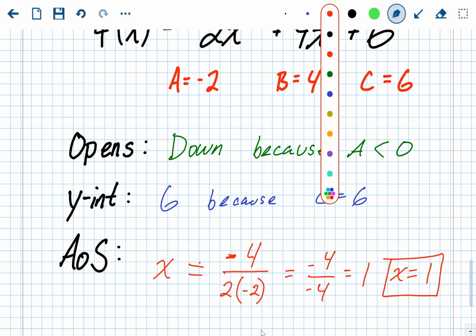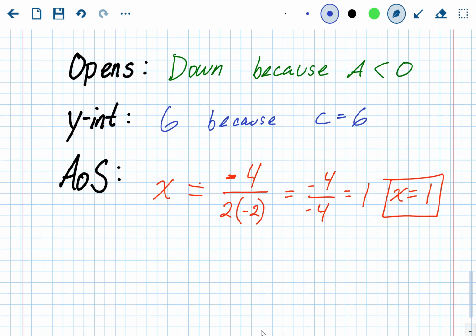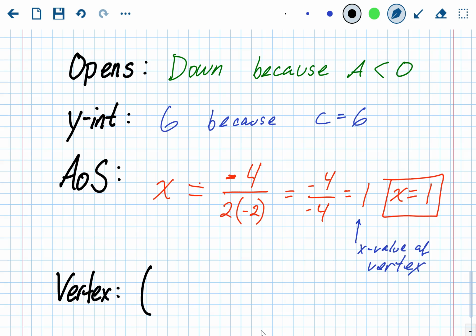Now remember what the axis of symmetry is. It's also the x value of the vertex. So we know half of the vertex. So the vertex is going to be the point 1 comma something.